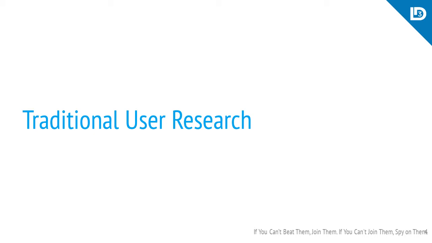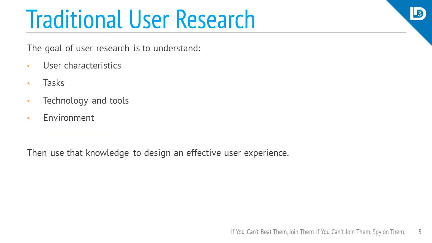So saying that, we will talk about traditional user research to tell a little bit about what it is here. So the goal of all user research is really to understand what the user characteristics are, what their behaviors are like, what tasks they perform, what kind of technology or tools they use to perform those tasks, and what the environment is like, both the physical environment that they work in and the social environment, so the people that they work with, the groups that they interact with.